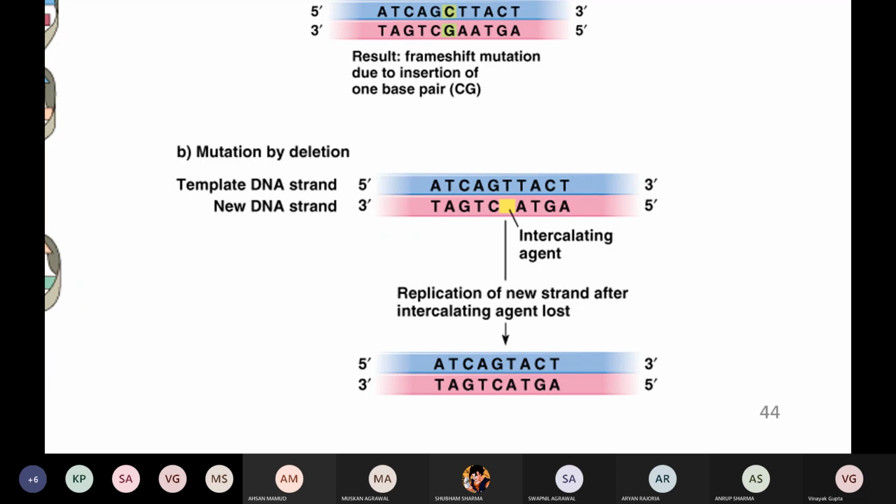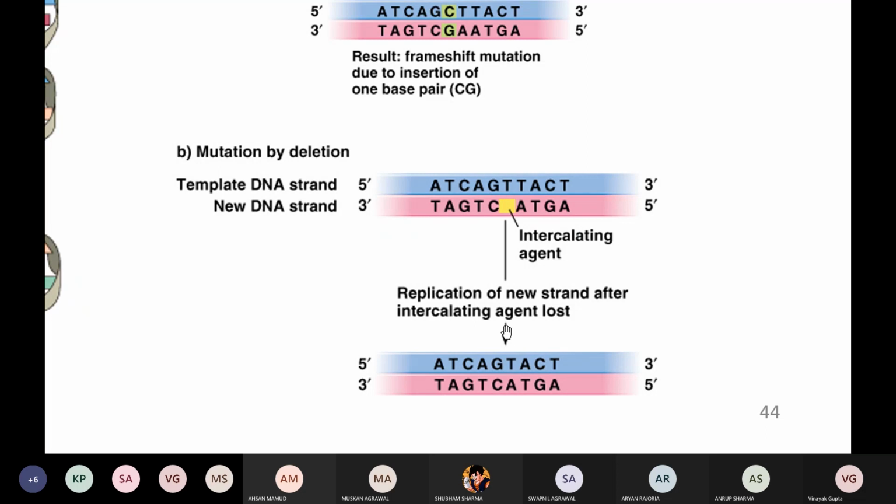So here, basically you are seeing that during DNA replication, an intercalating agent is incorporated into the DNA, right? That's what you are seeing here. There is the template DNA strand, then you have the new DNA strand, and when this new DNA strand was synthesized by the replication machinery, an intercalating agent was introduced.